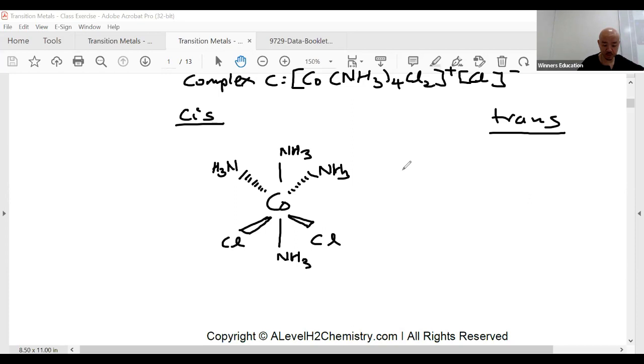What's the best way for me to show you the cis and the trans? I think I will draw it this way.